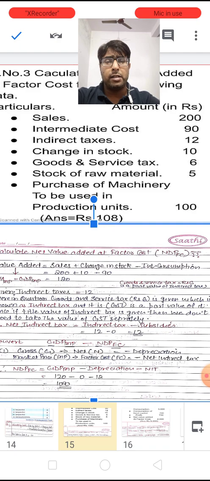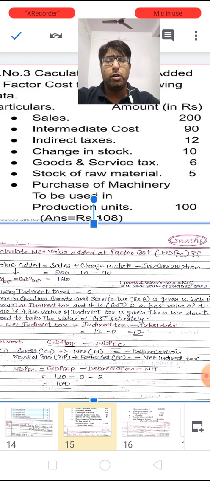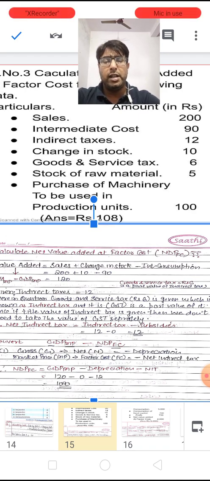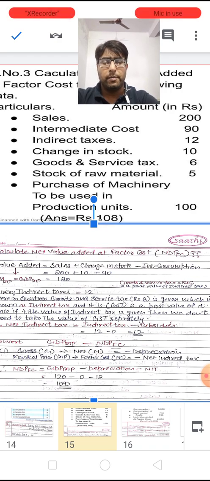Net indirect tax equals indirect tax minus subsidies. Indirect tax is given as 12, minus subsidies 0, so 12 minus 0 equals 12. So 120 minus 0 minus 12 becomes 108. So your answer is 108. This is the value of NDPFC, which is known as the net domestic product at factor cost.